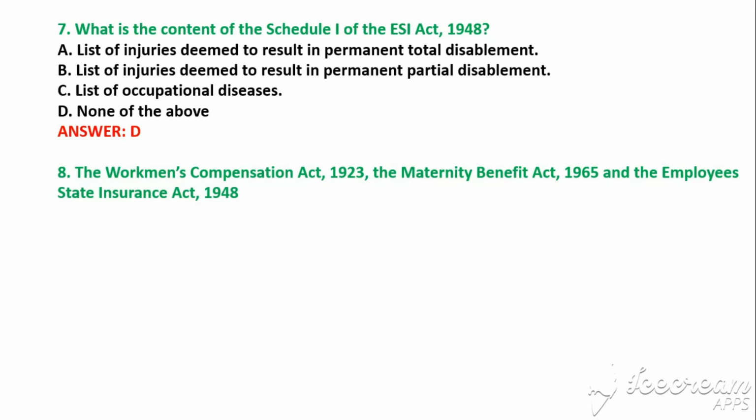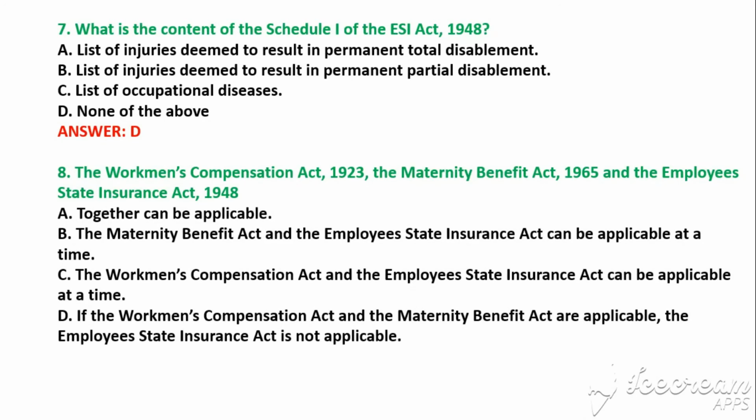Eighth question is, the Workmen's Compensation Act 1923, the Maternity Benefit Act 1965 and the Employees State Insurance Act 1948. There are 3 Acts given. Let's see the interpretation. First one, together they can be applicable. Is it so? No. Option B is, the Maternity Benefit Act and the Employees State Insurance Act can be applicable at a time.